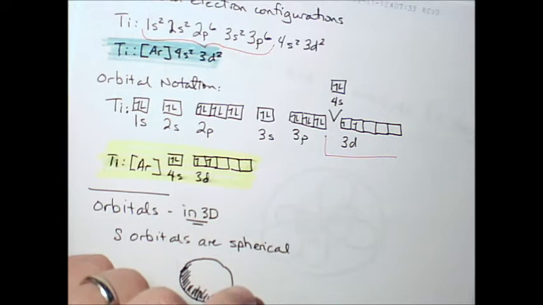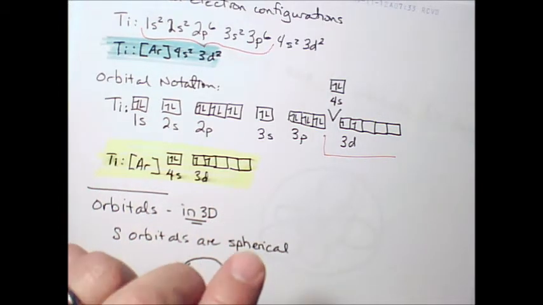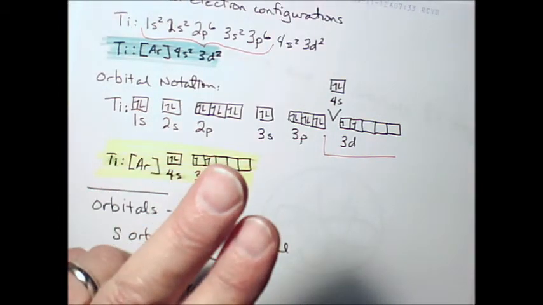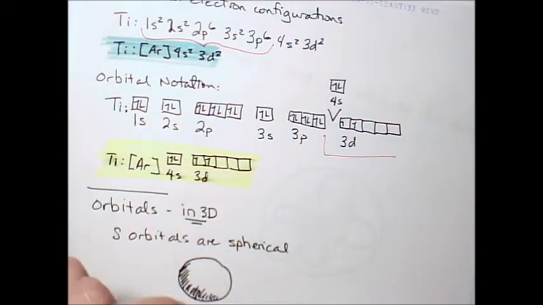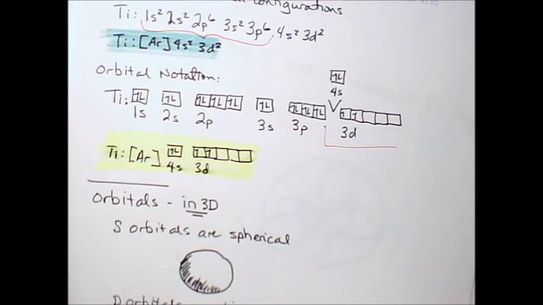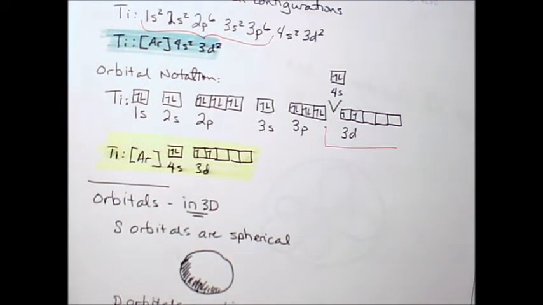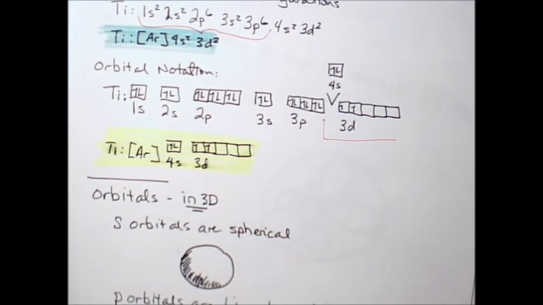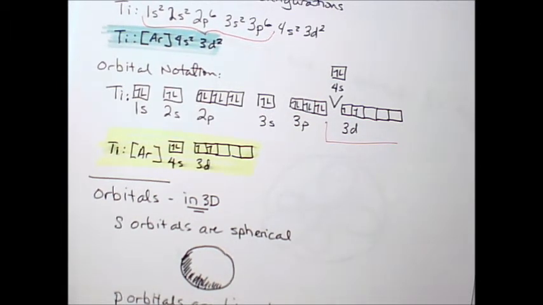And the way that you can get two electrons in the same orbital, in the same general area of space, is by them having opposite spins, because opposite spins of electrons cancel their electromagnetic repulsion.